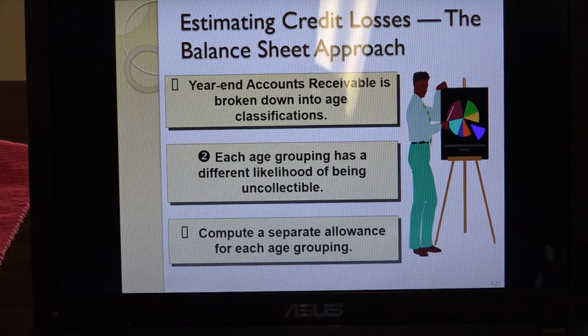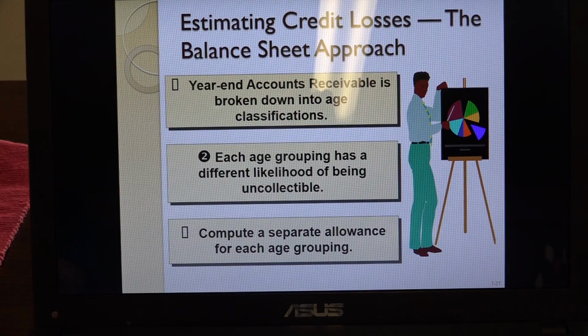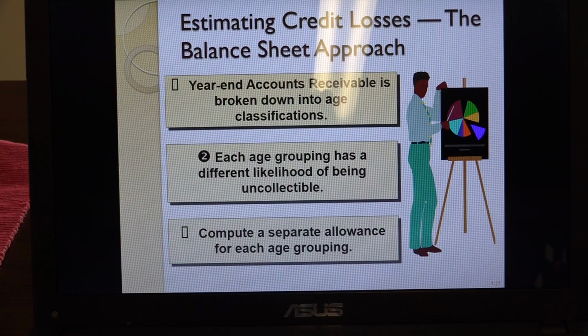Well, it shows that the older a receivable is or gets, the more likely it is that it won't be collected. So the further out you go on the receivables aging, the more likelihood that you won't collect it.